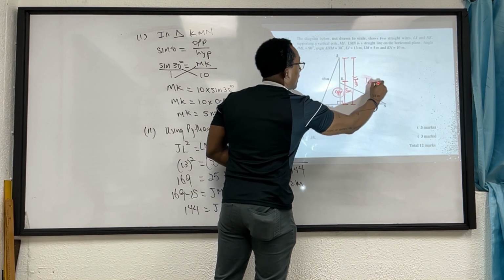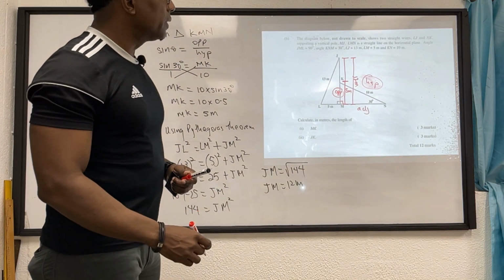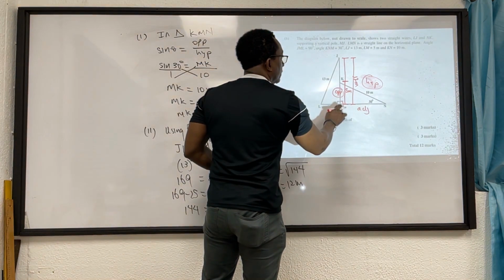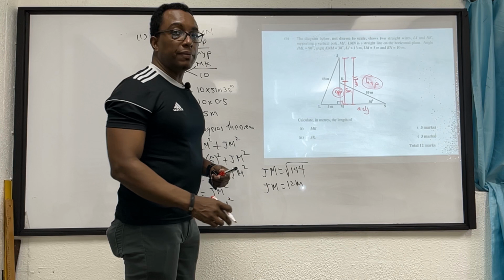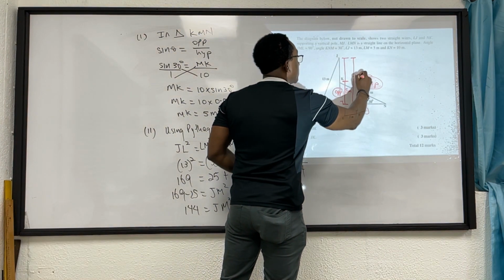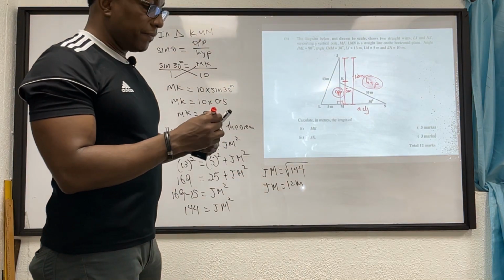So this is my hypotenuse. So therefore, having found JM, which is 12 meters, and having found KM or MK, which is 5 meters, what we can do now is to determine the length of JK by subtracting 5 from 12.